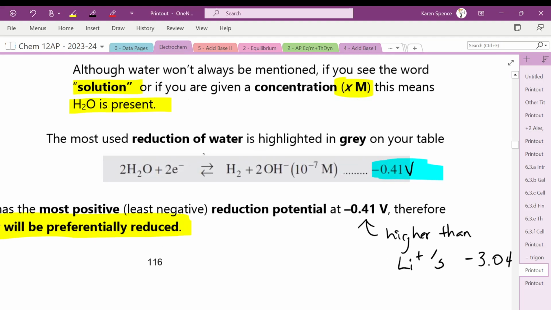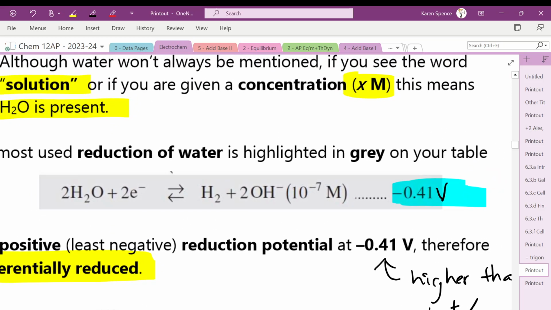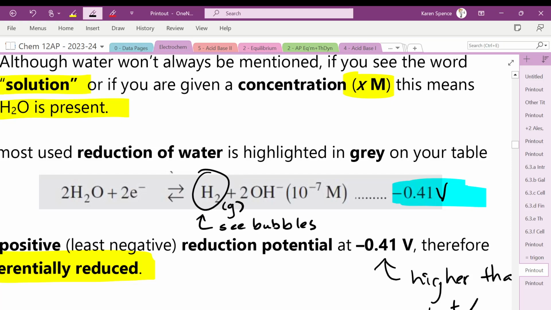So here's water. And one thing I'd like you to notice about the reduction of water, what is it producing? It produces H2, which is a gas. So if water is reduced, you will see bubbles. Yes?